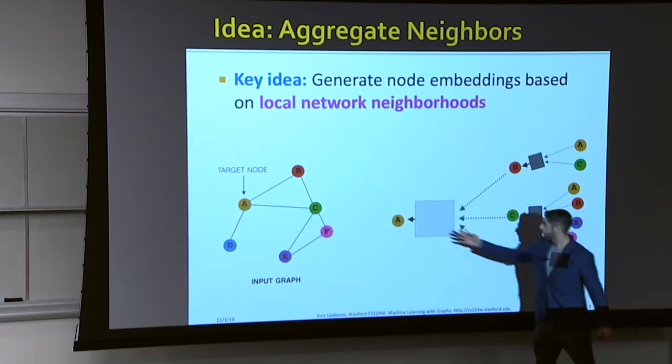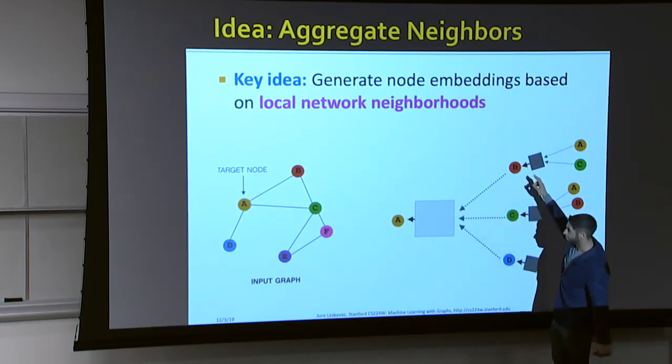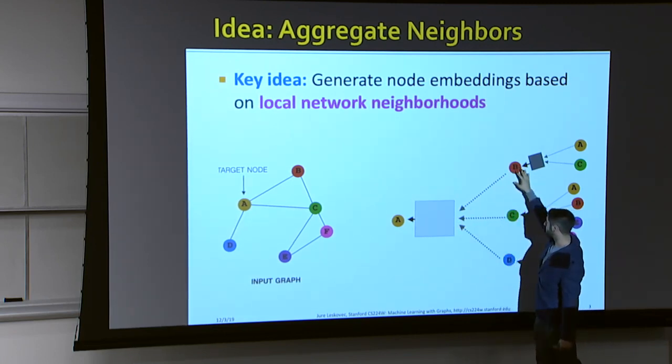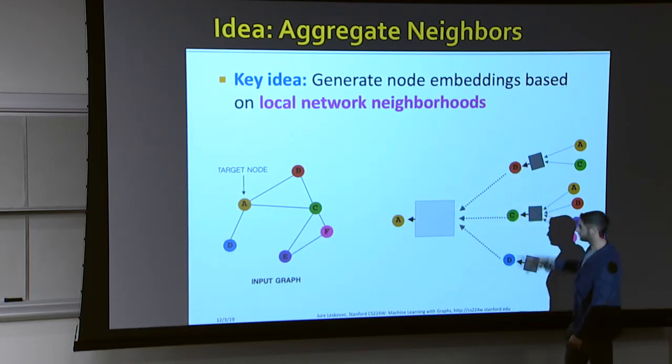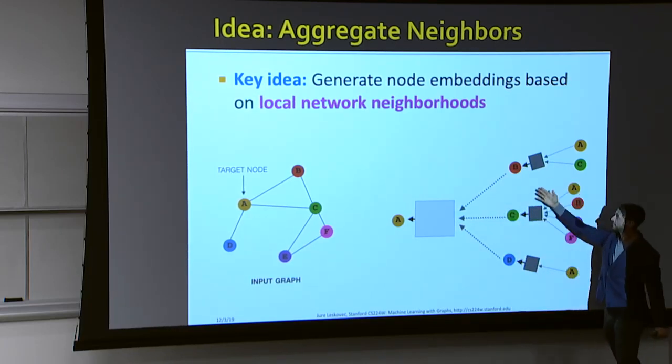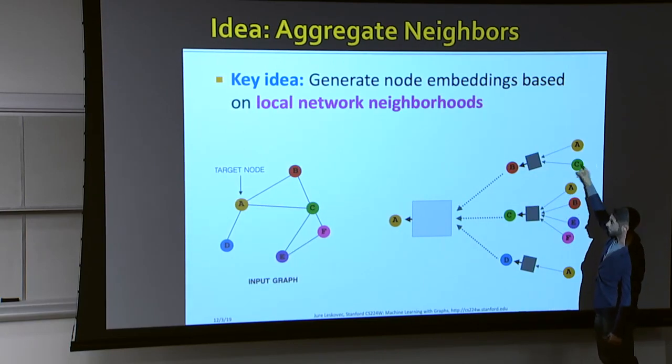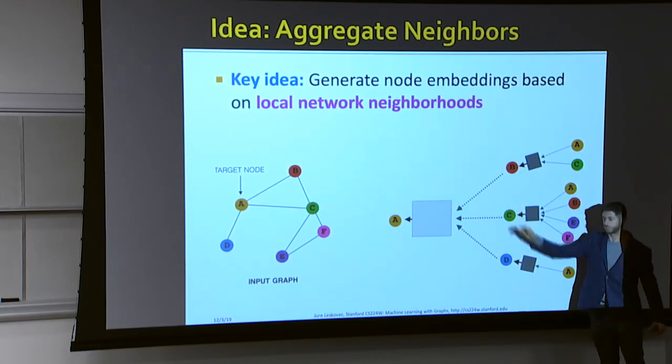So we say, okay, what are the neighbors of A? B, C, and D. And then these three neighbors will pass messages over to A. So they will pass their features, their information, their topological structure. And the same we are going to be doing for B, C, and D. So we take these nodes and we aggregate over their neighbors, and we pass these messages all the way through.